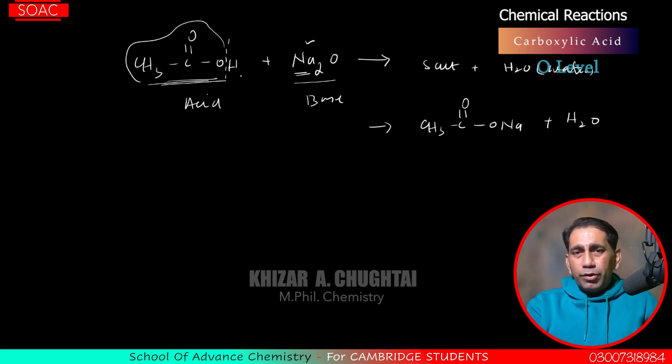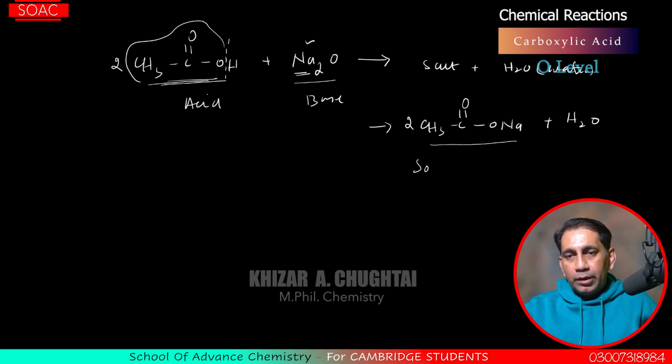To balance this equation, as you have seen that there are 2 sodium atoms, I will multiply by 2 with this compound, and H2O is formed. Yes, it is 2 moles of salt, and the name of the salt is sodium ethanoate.